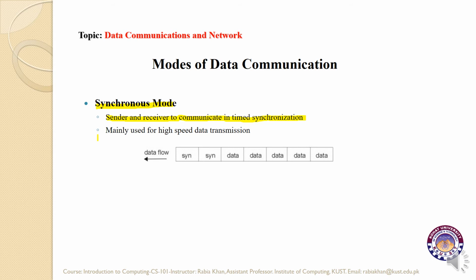Synchronous mode of data transmission is used when a large amount of data needs to be transferred very quickly from one location to another. Speed of data transfer is attained by sending data in large blocks instead of individual characters, as in the case of asynchronous data transmission.